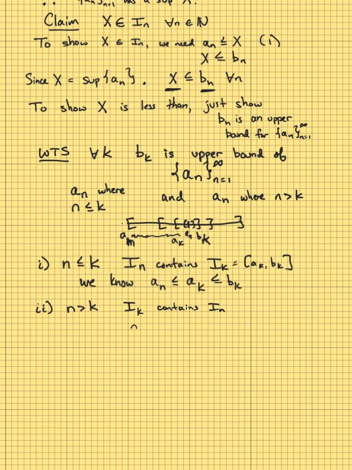If I'm looking at a sub n, it must be less than or equal to b sub n. But since I sub k contains I sub n, this is less than or equal to b sub k. Okay? So therefore, we have shown that b sub k is an upper bound.